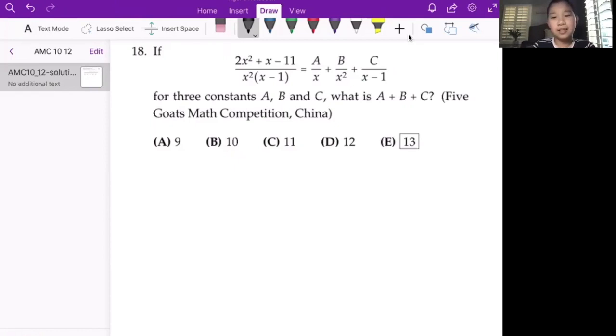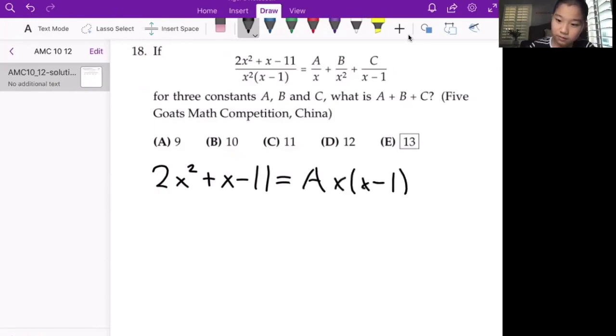So we multiply in this case by x squared times x minus 1. So the left-hand side is 2x squared plus x minus 11. The right-hand side is a times x minus 1, and then b times x minus 1, and then c times x squared.